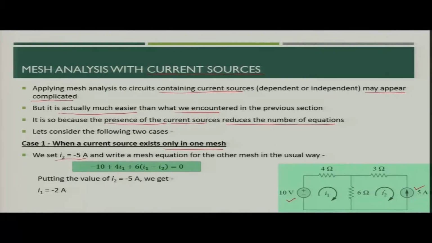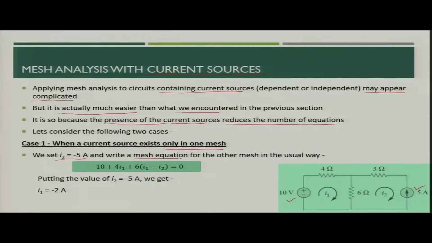So, that is why we will say I2 is nothing but minus 5 ampere. This you can easily verify from the figure, because I2 will flow in this direction and the current from the current source will flow in this direction. So, I2 would be nothing but minus 5 ampere. Now, we got the value of I2 straight away through inspection using this figure.